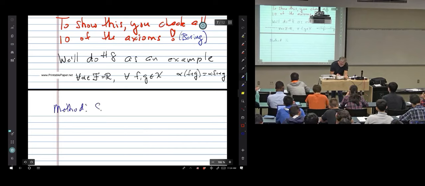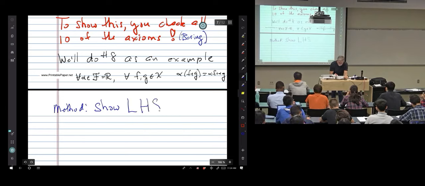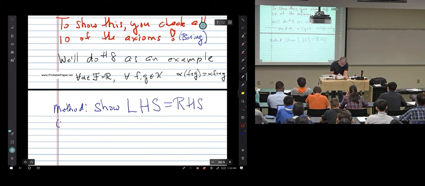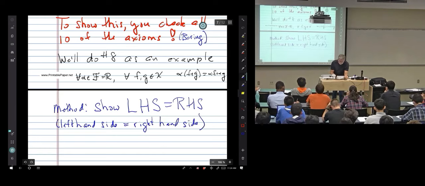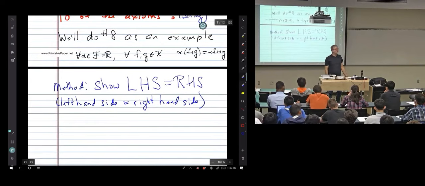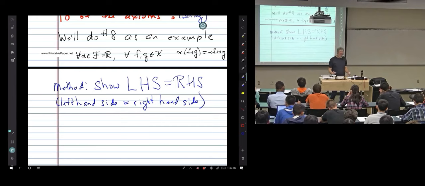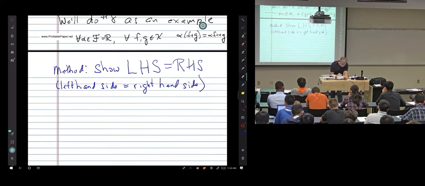Method: show left-hand side equals right-hand side. It's simply going to be applying the definitions.